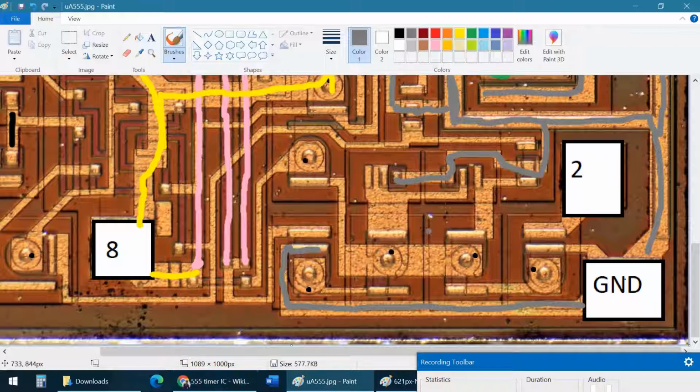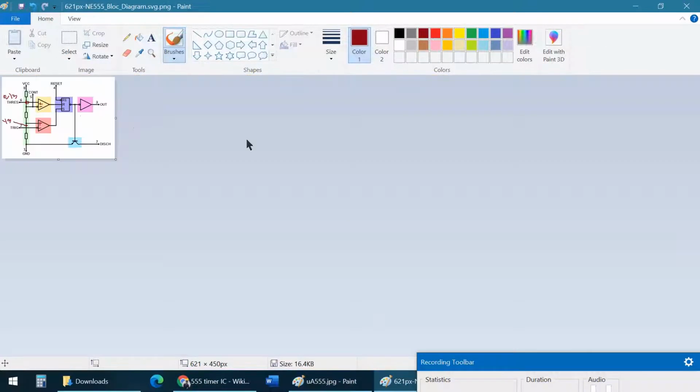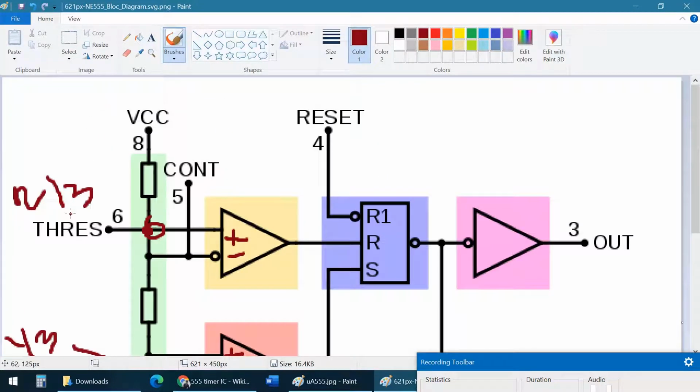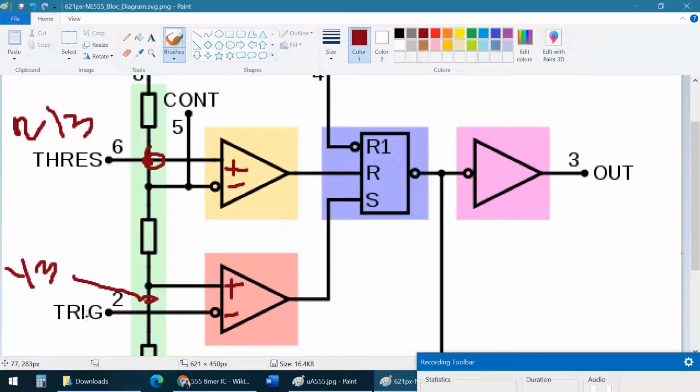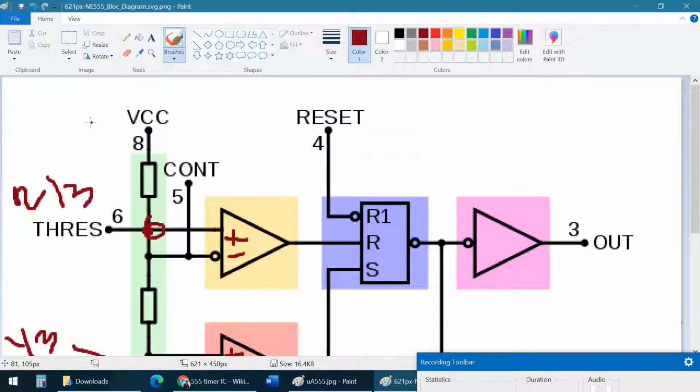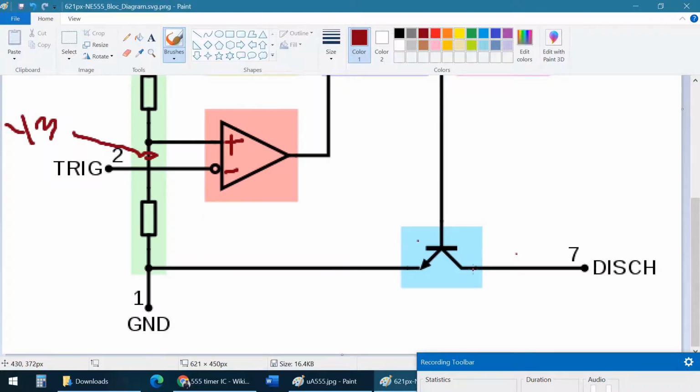What's most important is actually understanding how it works, so you could use it later. It works by charging a capacitor and discharging it through resistors in an external circuit. And it's quite a simple circuit with just basically 2 comparators, a voltage divider, and a flip-flop, as well as a discharge transistor.